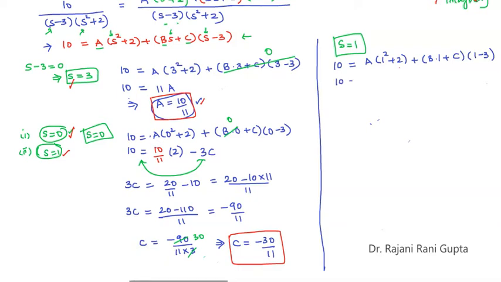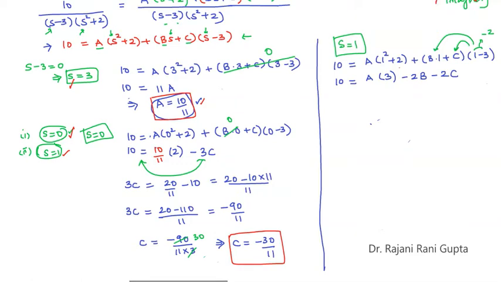So this is 10 equal a times 1 square is 1 plus 2 gives you 3. Now 1 minus 3 gives you minus 2. This minus 2 is multiplied with b as well as with c. So this will give you minus 2b minus 2c.